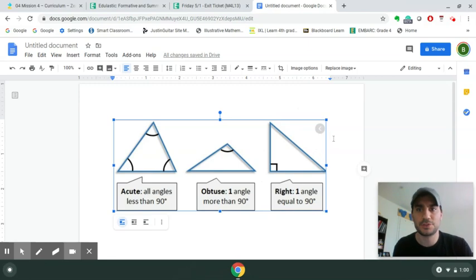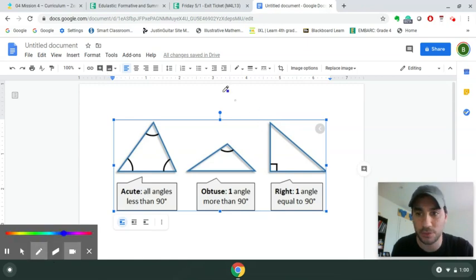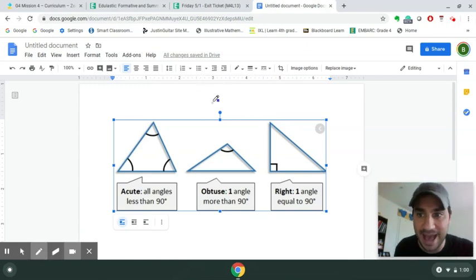There are 2 ways to classify your triangles. We talked about doing it by side lengths. So a triangle has 2 different classifications: its side length classification, and then its angle measurement classification. So this is all angle measurements.